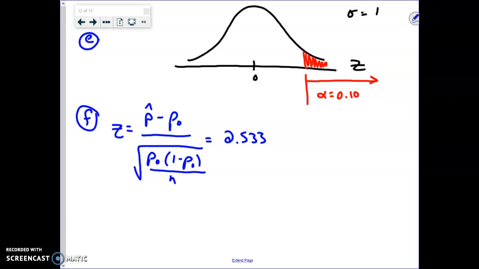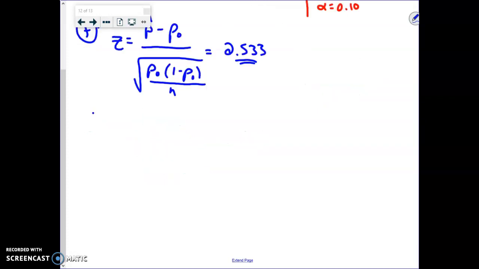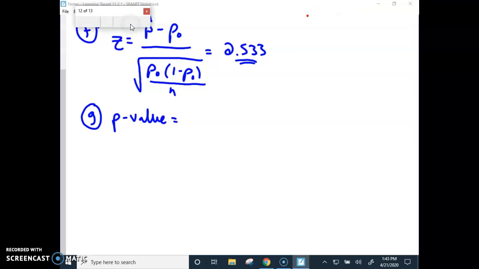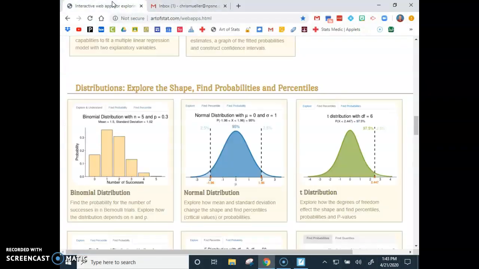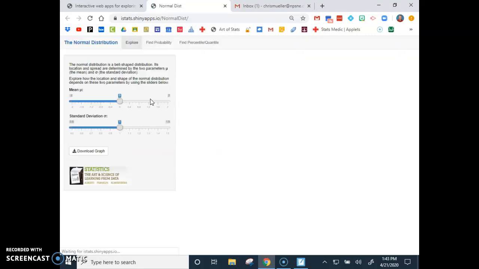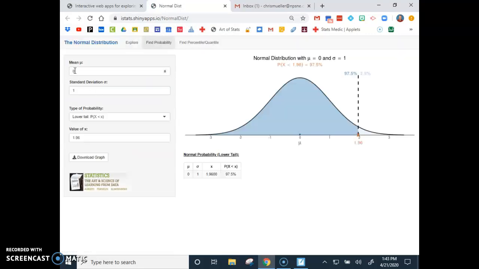So how do we use that then? Well, we now calculate our p-value. So G, we calculate our p-value. And to do that, as we've done before, we've got to go to our stat app. Normal distribution, find a probability, keep the mean and standard deviation the same, as mean means center.